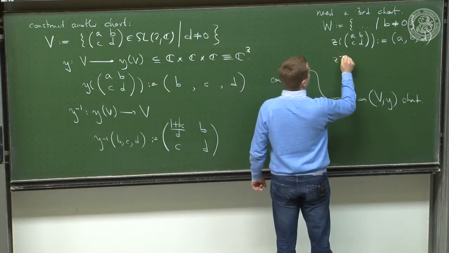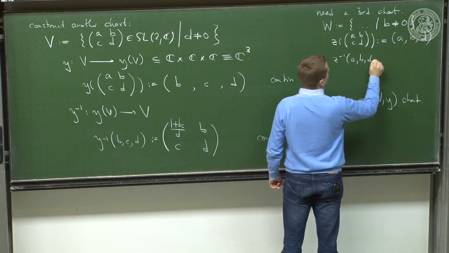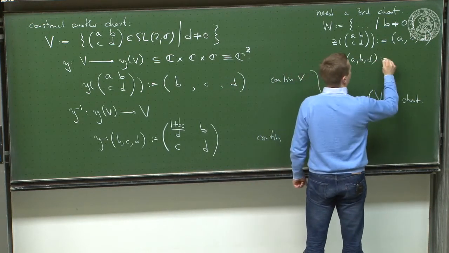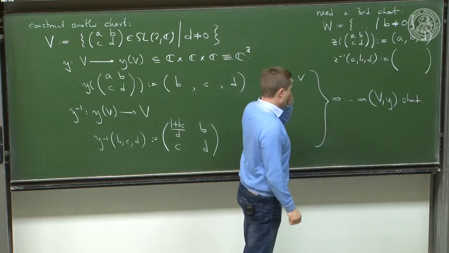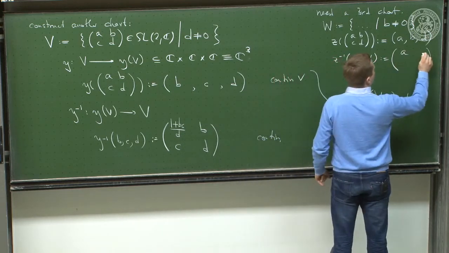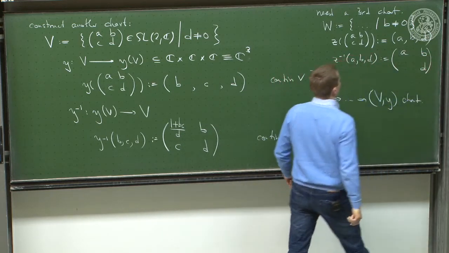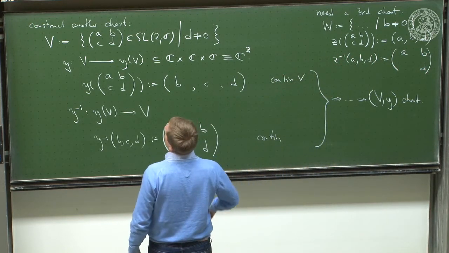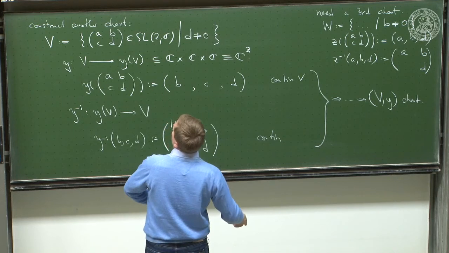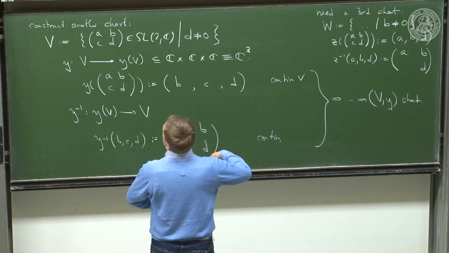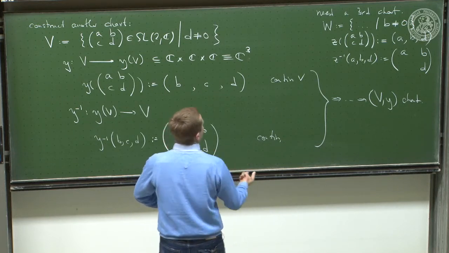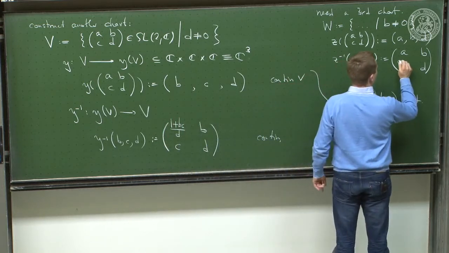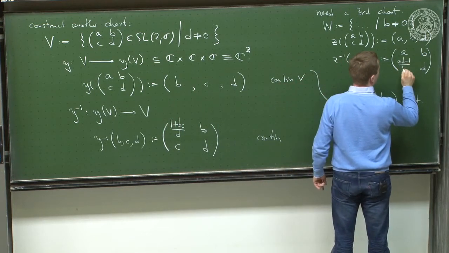And I construct the inverse of this map Z, and it will yield A, B, D. And the C I can reconstruct as AD minus 1 by B. Agree?